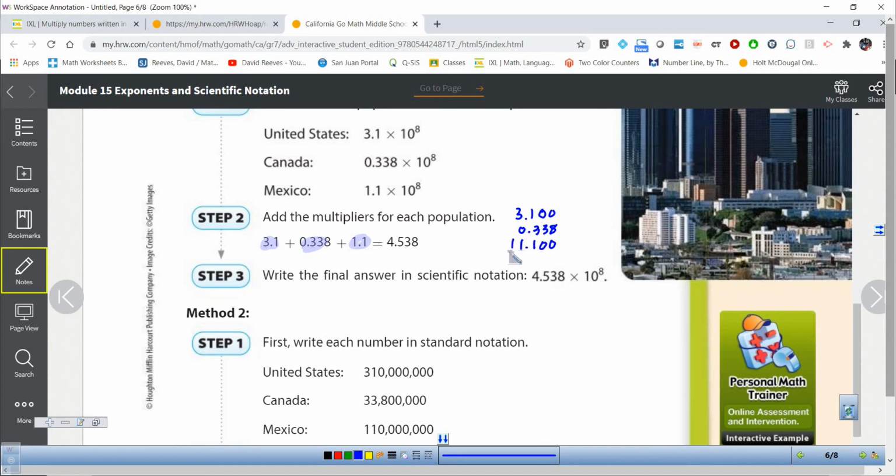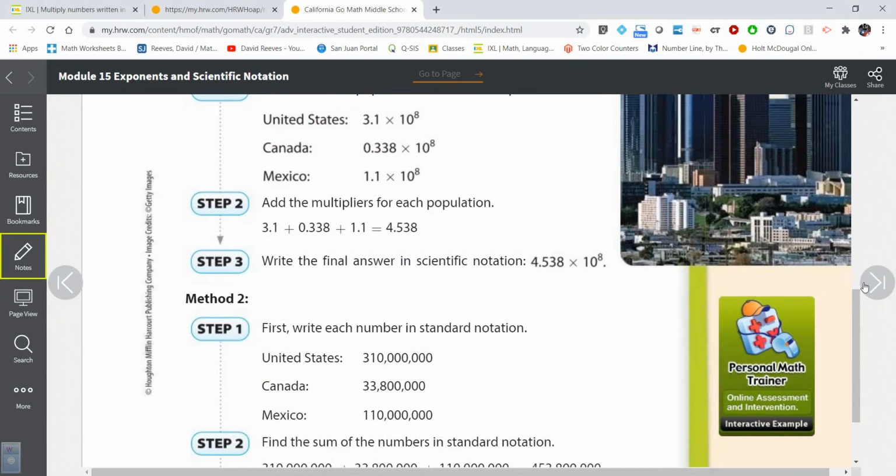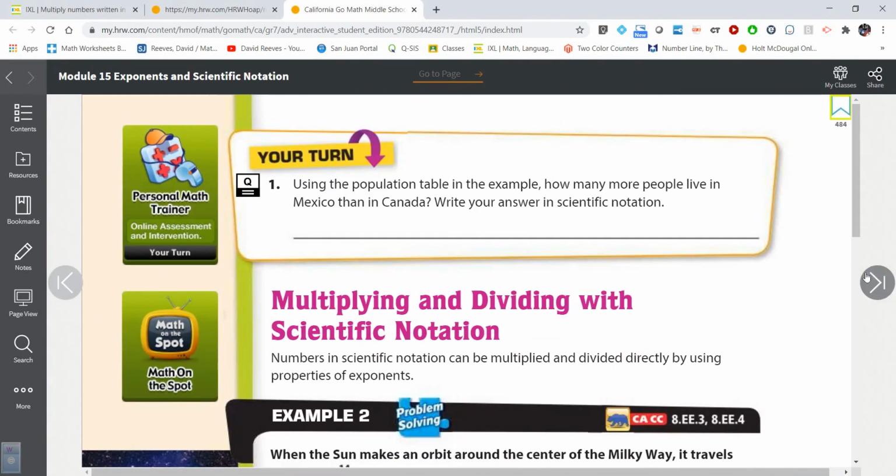We add all those together and we get 4.538. Remember, you add the coefficients and you keep the powers of 10 the same. So that's how you can add those numbers together that did not have the same powers of 10.